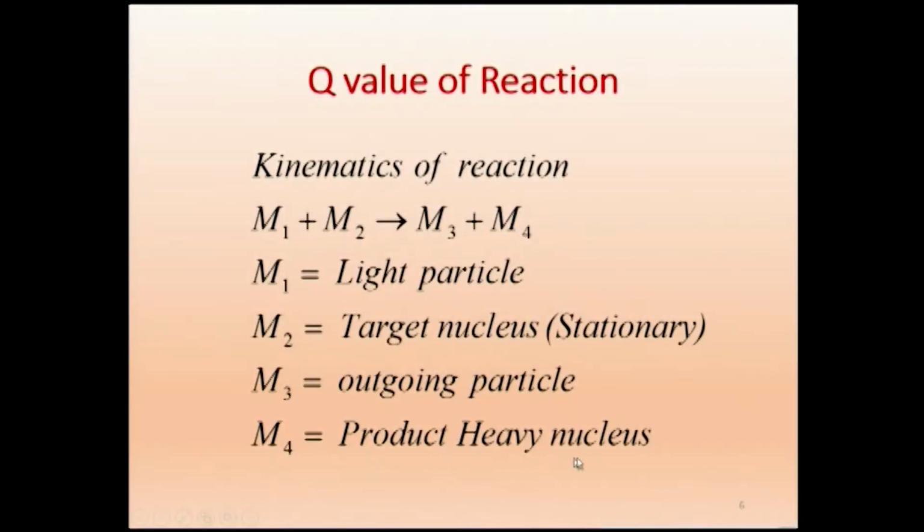Therefore, we are just talking about M3, M4, the product heavy nucleus. For example, if you take uranium, it will have krypton and barium, which is a fission process. Therefore, both will be outgoing particles and both will be having kinetic energy. When they move out, both krypton and barium will be having kinetic energy.